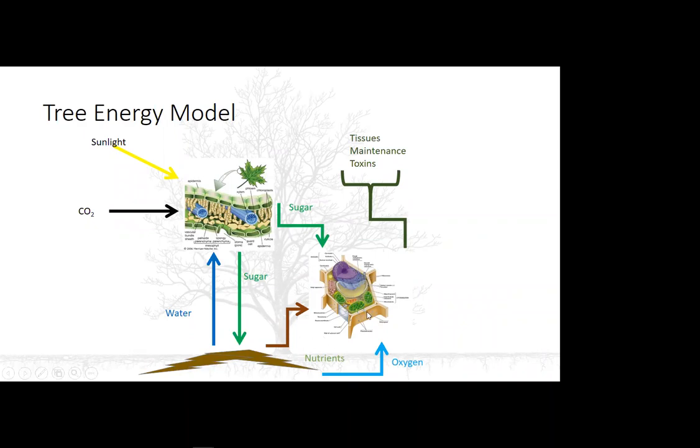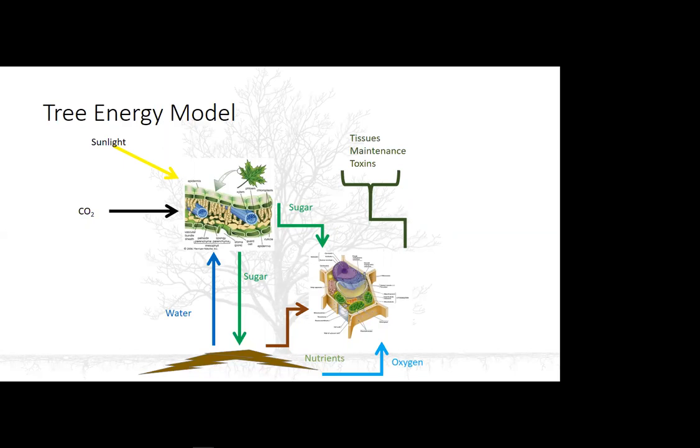The living cells are receiving nutrients and oxygen from the root system, and then they use cellular respiration and their machinery to make these new tissues or maintain the cells or produce those toxins. This model will become useful later on when I come back and talk about tree diagnostics in a little over a month.